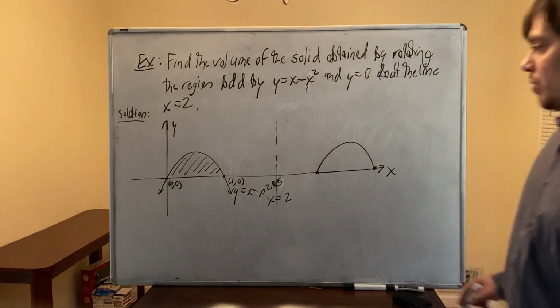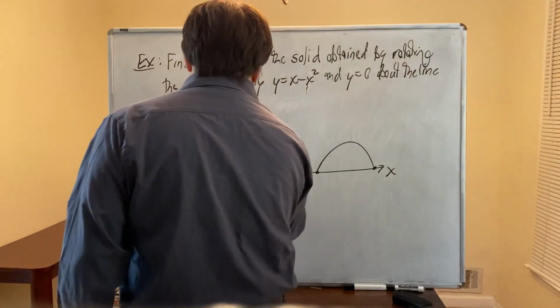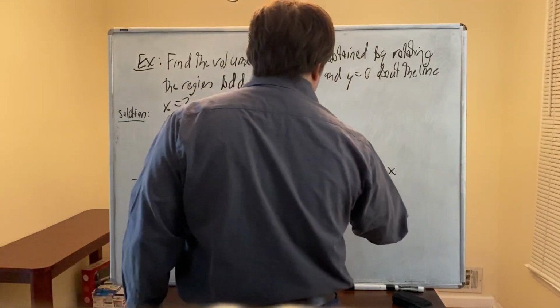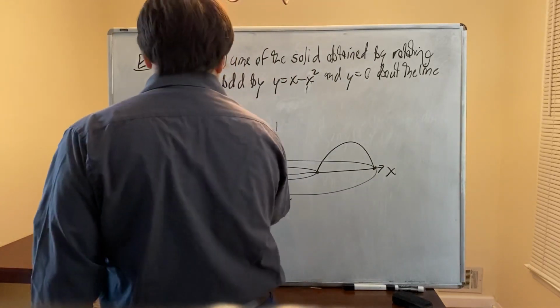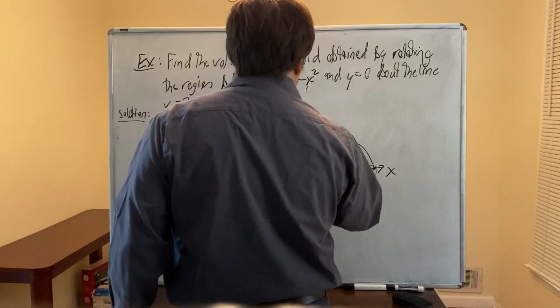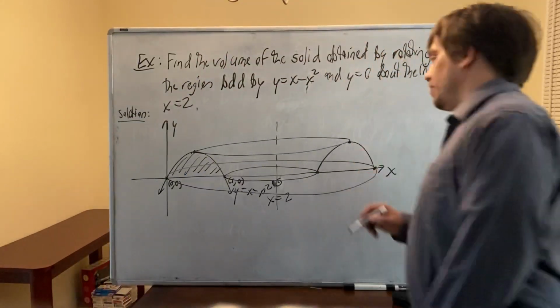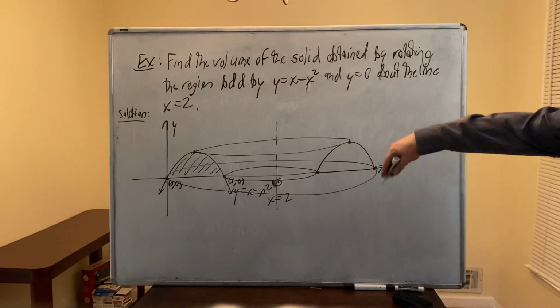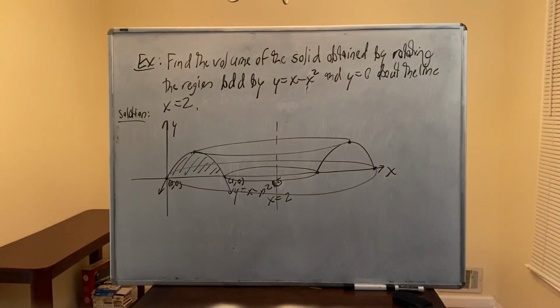When you do that, let's draw a picture of the rotated region. Okay, so that's the rotated three-dimensional region, and we're going to find the volume of that solid.